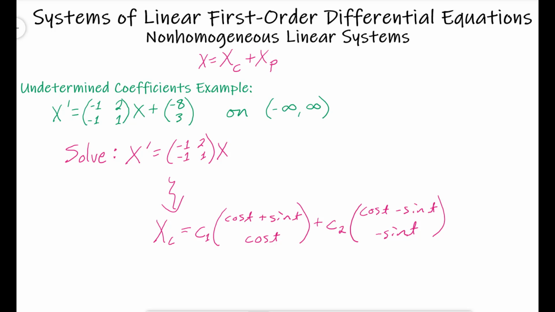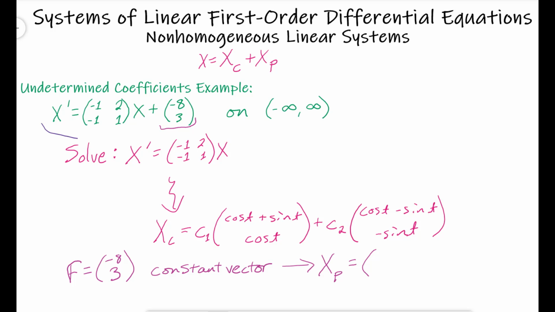So now, since our vector f here, negative 8, 3, is constant, this means that our particular solution is probably going to equal a constant vector too, because remember, xc is going to solve our associated homogeneous system.